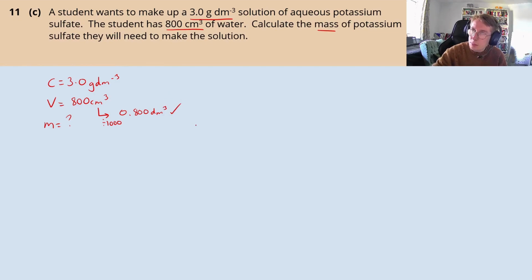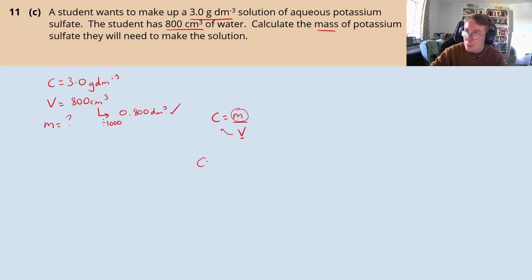Now we need to look at our equation. It's concentration equals mass divided by volume. I want the mass on its own, so I need to rearrange the equation and move the volume to the other side. Because we're currently dividing by volume, I can do the opposite function to move it over, and that is to multiply.